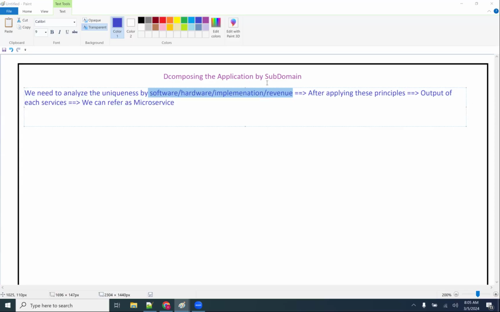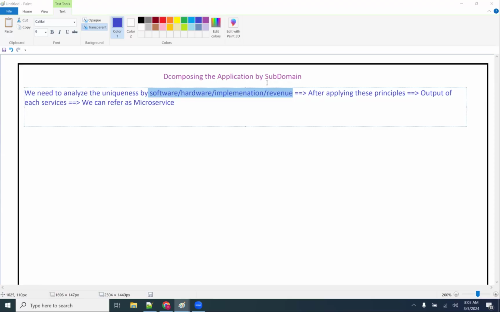By default, we need to analyze, we need to apply software principles. What is the software I'm going to talk about here? I just want to mention software, hardware, implementation, revenue. These are the major top features, but some extra business features will come.